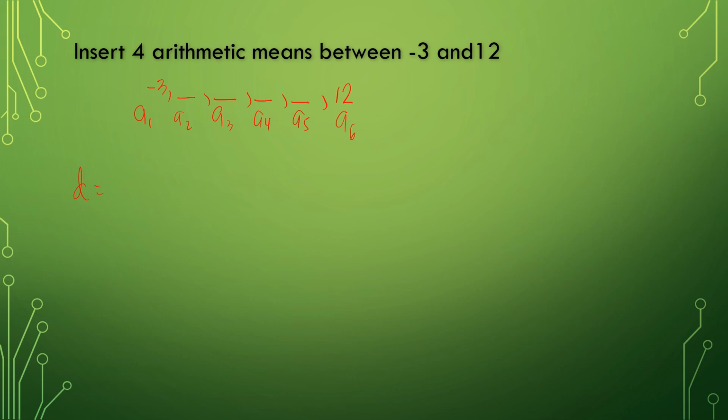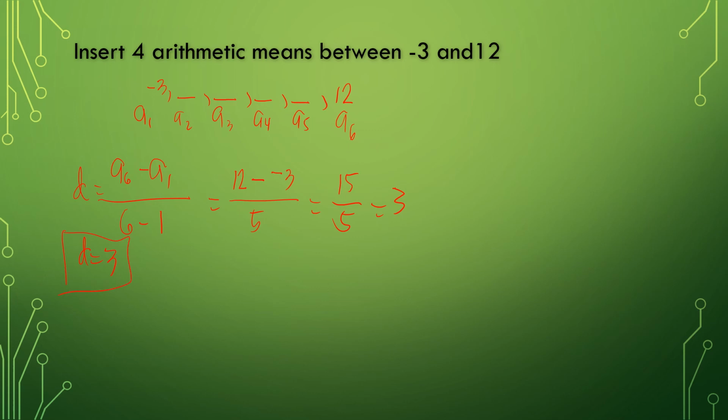So, that is your last term, A sub 6, minus the first term, A sub 1, over 6 minus 1. Your A sub 6 is 12 minus your first term, negative 3. 6 minus 1 is 5. 12 minus negative 3 is 15 over 5. 15 over 5 is 3. So, the common difference is 3.